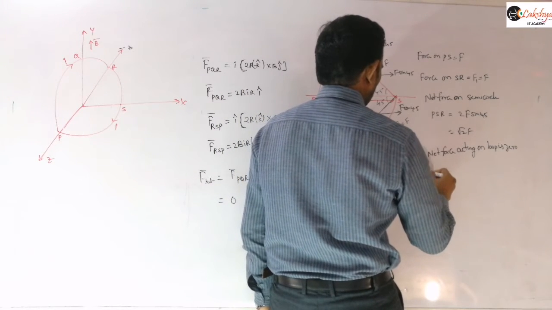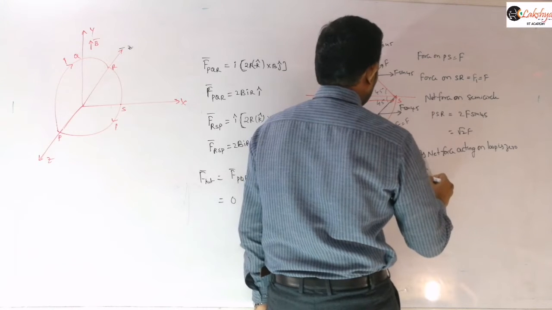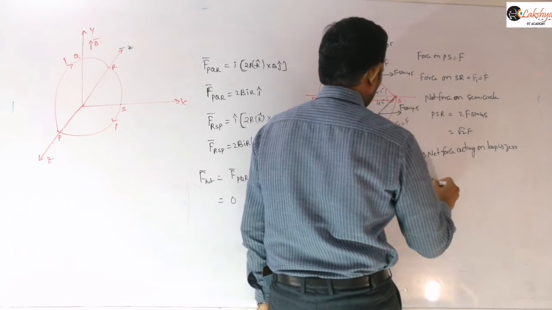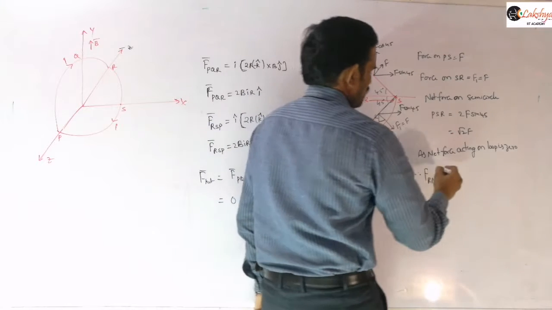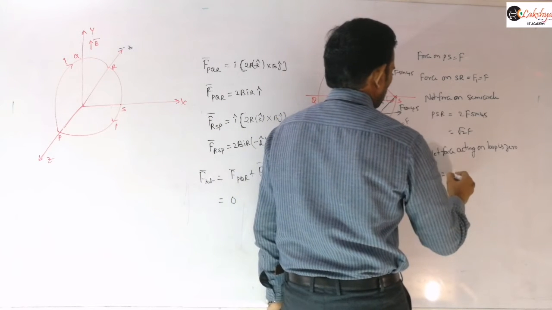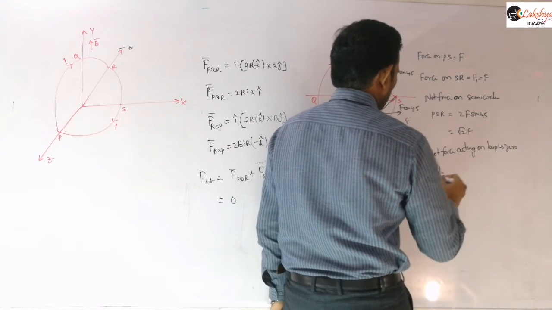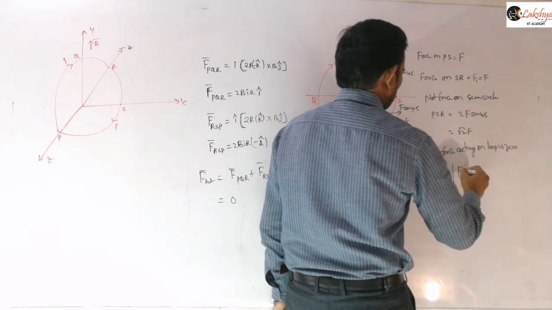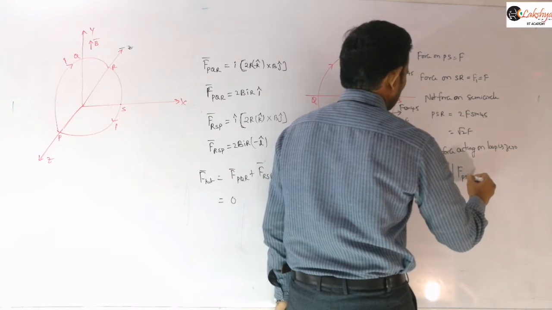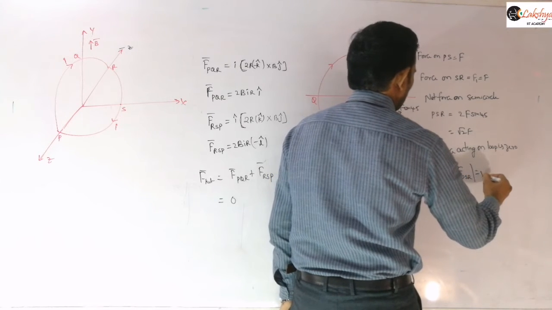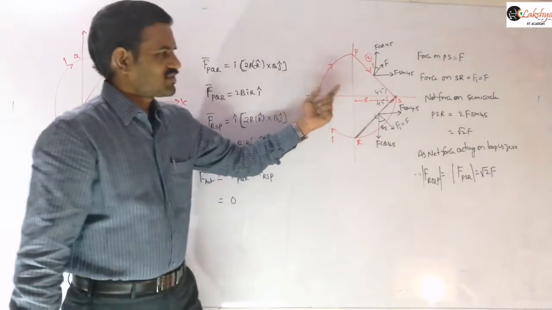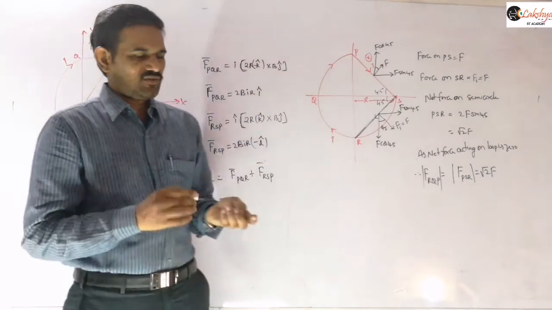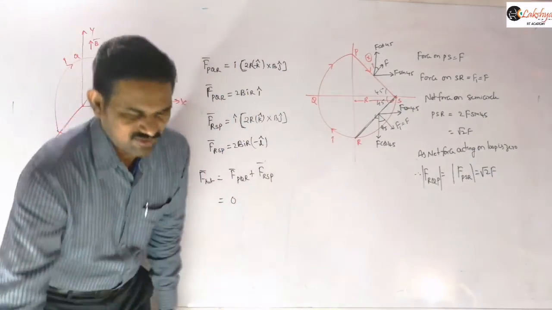Therefore, force acting on this RQP, that means this one, the magnitude of force acting on this must be equal to magnitude of force acting on this PSR, which is equal to root 2F. And if they ask direction, if this is positive x direction, then it should be negative x direction there. So there is a force acting on that.